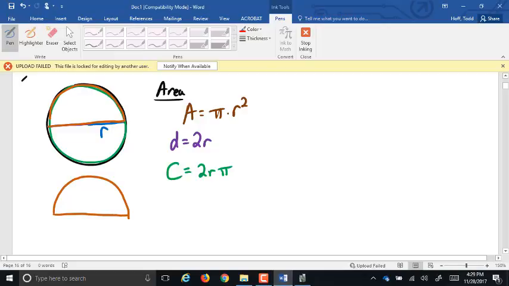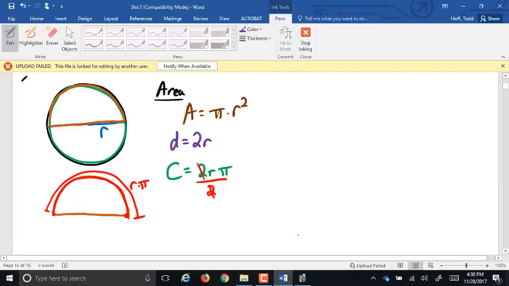So the distance around from here around to there is half of the circumference. If I divide this by 2, well, the 2's cancel out. This distance here is just R times pi, or pi times R.